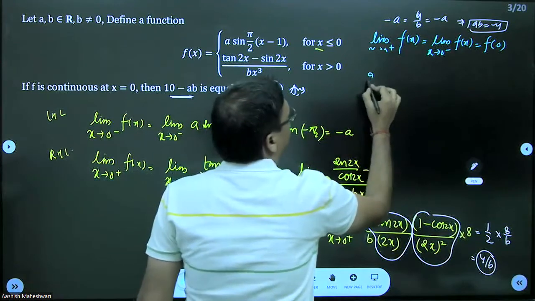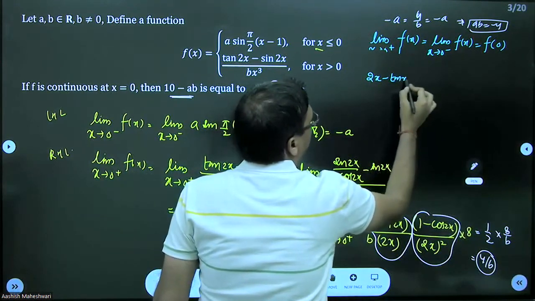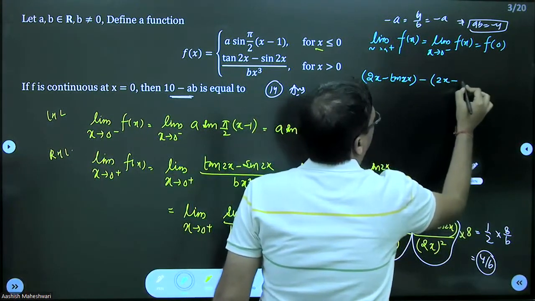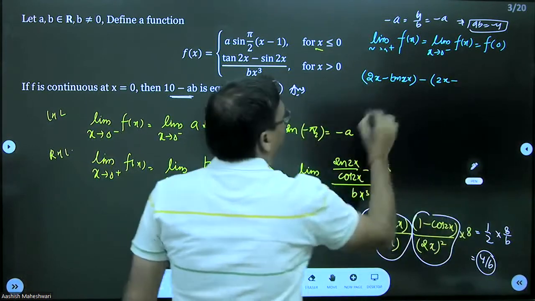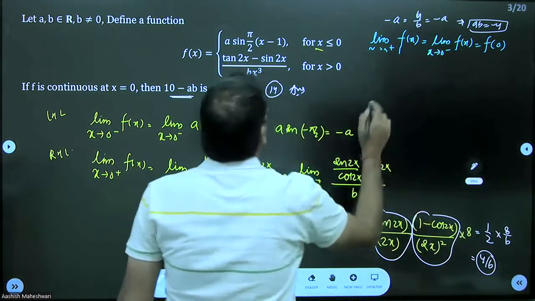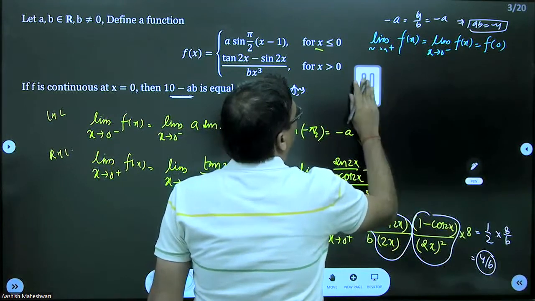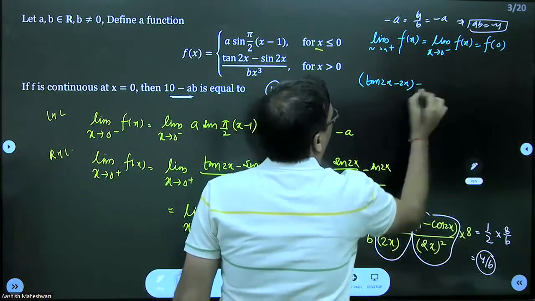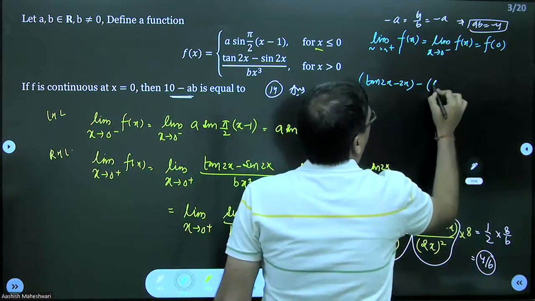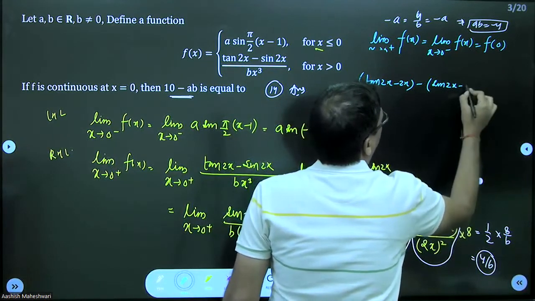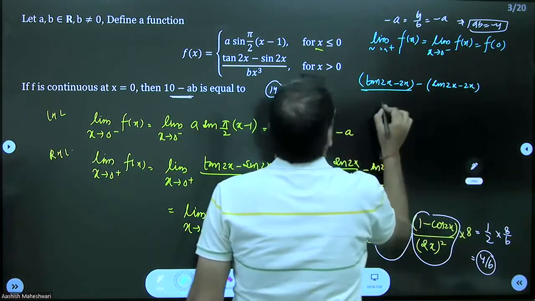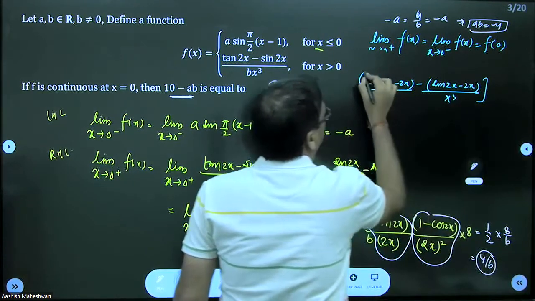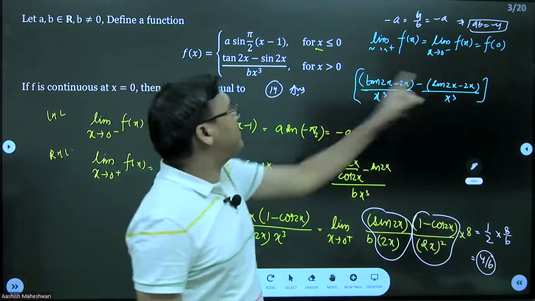Can we say this is tan 2x minus 2x, minus sin 2x minus 2x, upon x cube? You can check this expression. I can write this, right? Just adding and subtracting 2x.